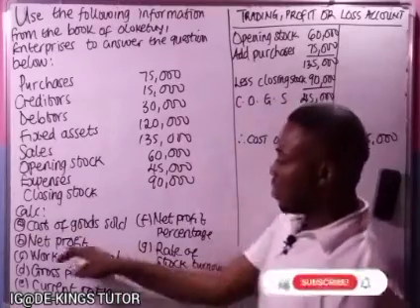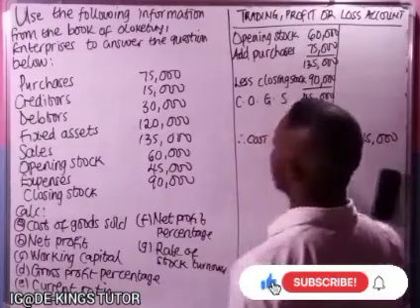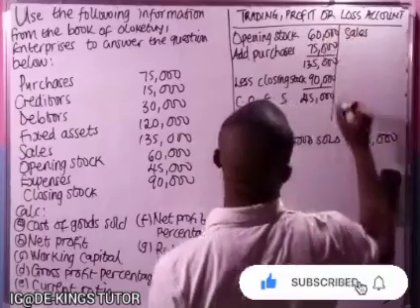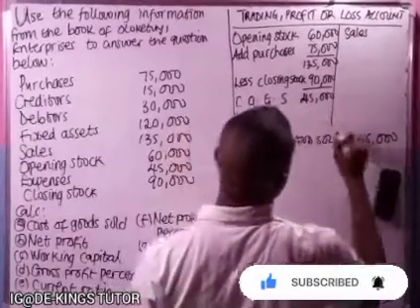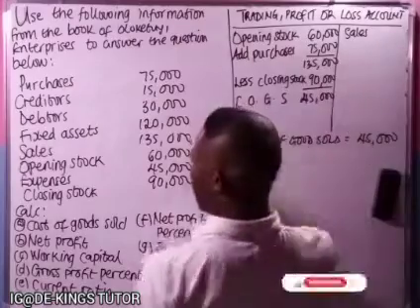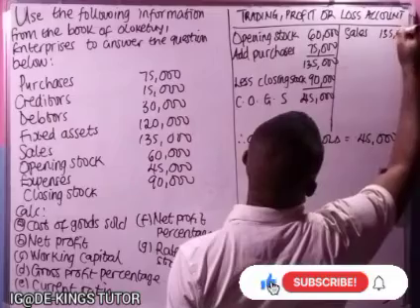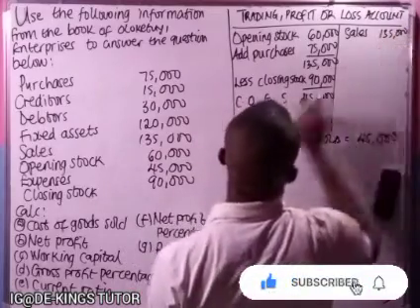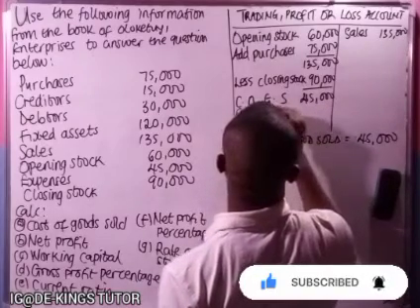Okay, now the next one said net profit. So we're going to continue from this to get net profit. We're going to get the gross profit first before we can get the net profit. So our sales is 135,000. Now let's get the gross profit first. 135,000 minus cost of goods sold will give us the gross profit.